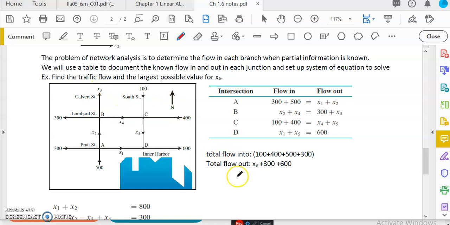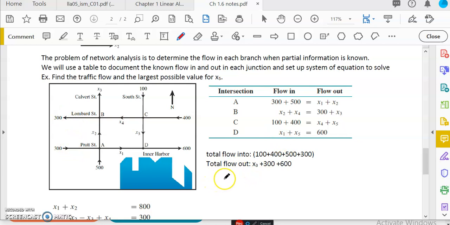The first one is actually really easy to do. All these outside flows control the flow into this big network. So the total flow in is 100 here, and just look at the outside, which one is going in? 400 is coming in, this is out, 500, right? And these are coming in, and the 300, this is going out. So this is the total flow into the network. The total flow out would be anything you have outside that's going out. So it's x3, the 600, right, and also this 300 going out.